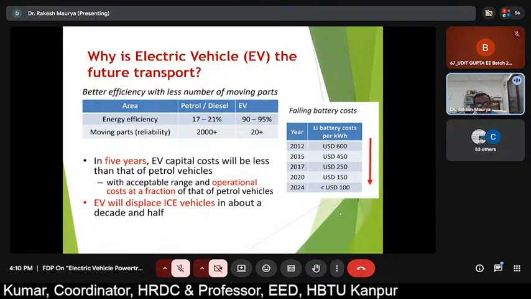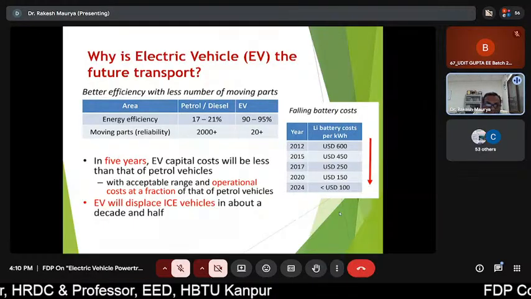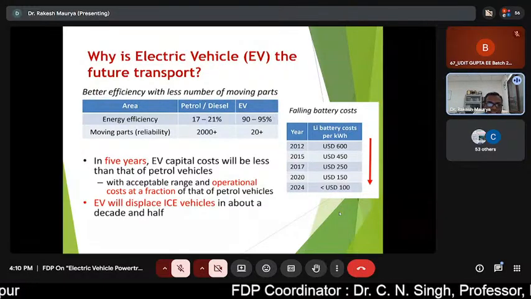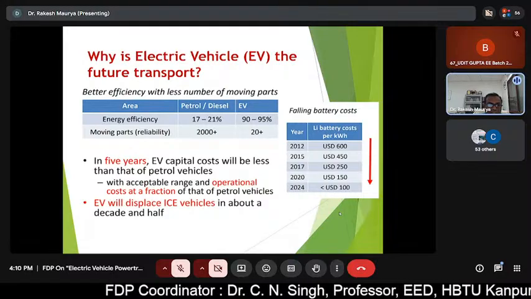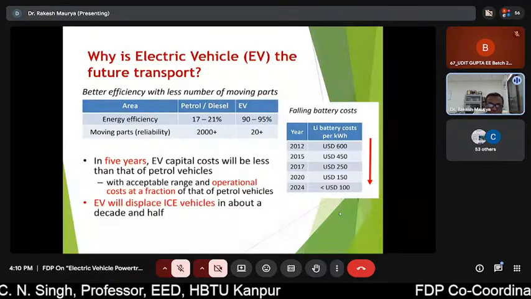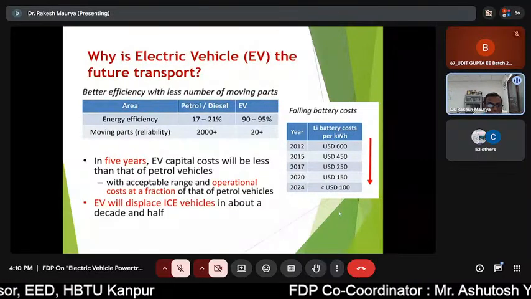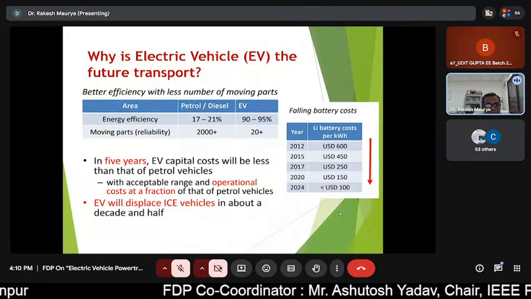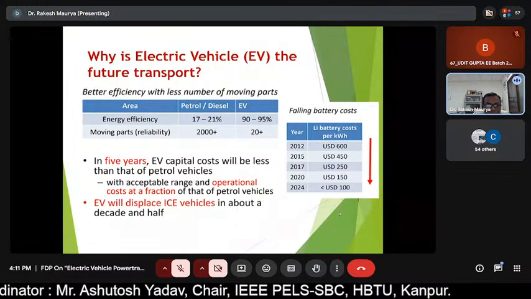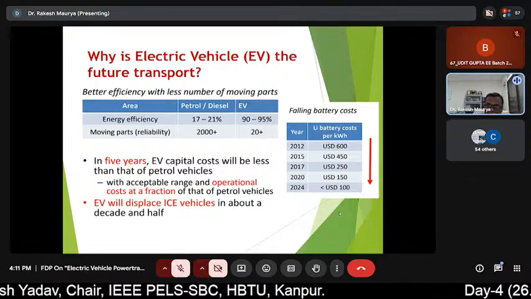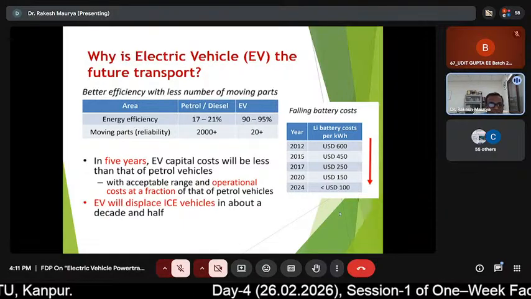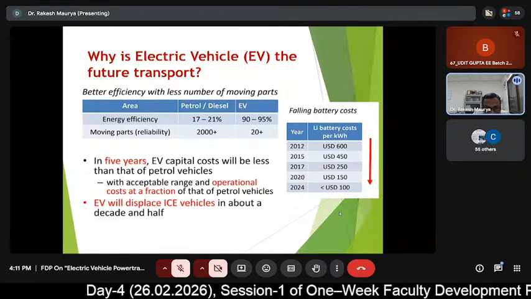So the pollution-free environment you can claim in the urban area, but indirectly they are polluting the place where the electricity is generated to charge the electric vehicle. If you are able to charge the electric vehicle through green sources of energy like solar, hydro, etc., then you can claim this is sustainable, a pollution-free environment, both where the electric vehicle is being used and where the source is used to charge it.